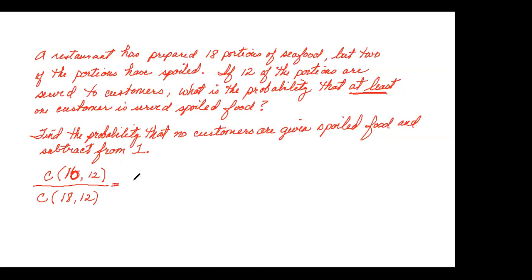So let me run this through the calculator. The top number, this may turn out to be really big and I might want to run the whole thing through at once. We've got 16 choose 12. Okay, it's 1820. And then we have 18 choose 12.